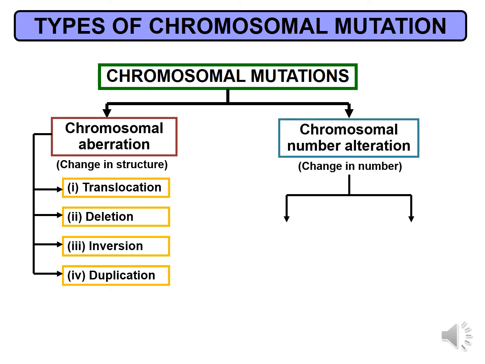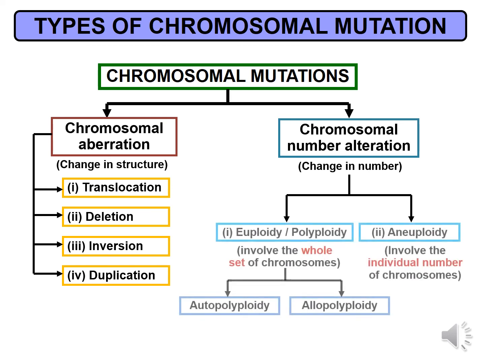And the different type of chromosomal mutation is known as chromosomal number alteration, which is the change in the number of the chromosome. So the change in the number of chromosomes can occur either as aneuploidy, which involves only individual chromosomes, or euploidy or polyploidy, which involves the whole sets of chromosomes.